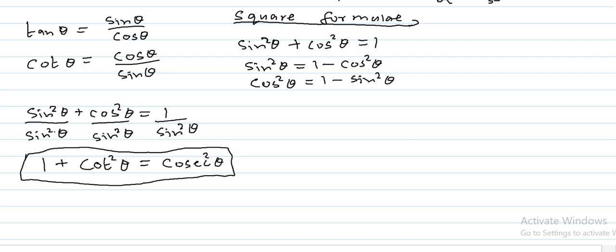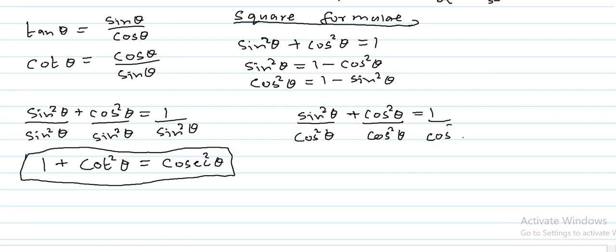So the first time we divided by sine. What happens if now we divide each term by cos? From the same identity, sine squared theta plus cos squared theta equals 1. Divide both sides by cos squared theta.